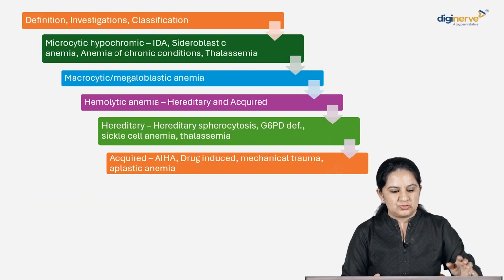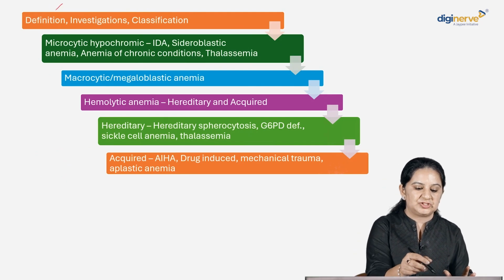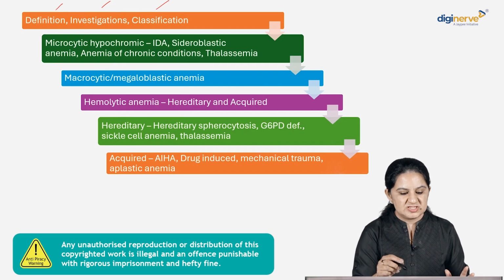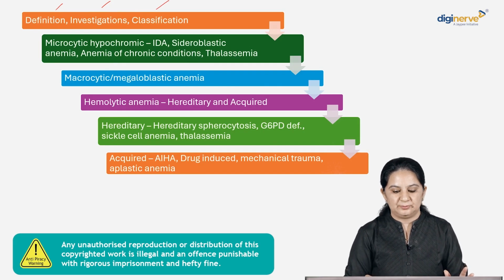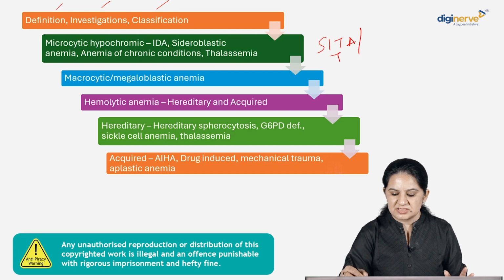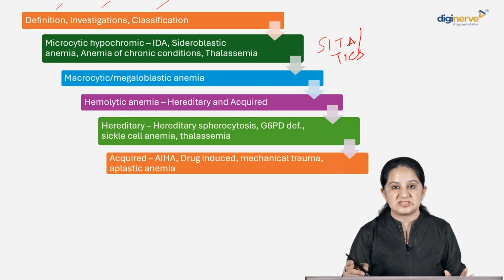All right. So with this, we come to the end of this session on anemias. What did we learn? We learned about the definition, basic investigations and the classification. First of all, we studied microcytic hypochromic anemia. Remember your Sita or Tick's mnemonic. We studied sideroblastic anemia, iron deficiency anemia, anemia of chronic disease. Thalassemia we studied in the hemolytic.